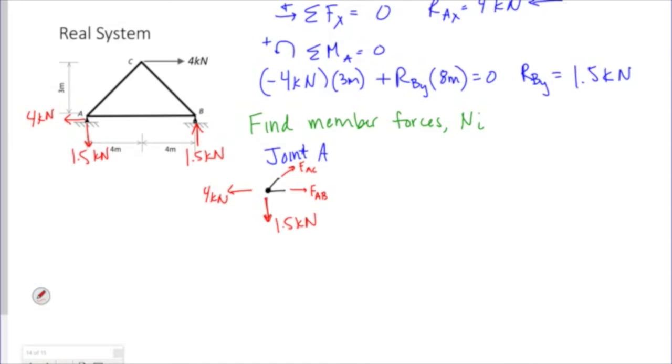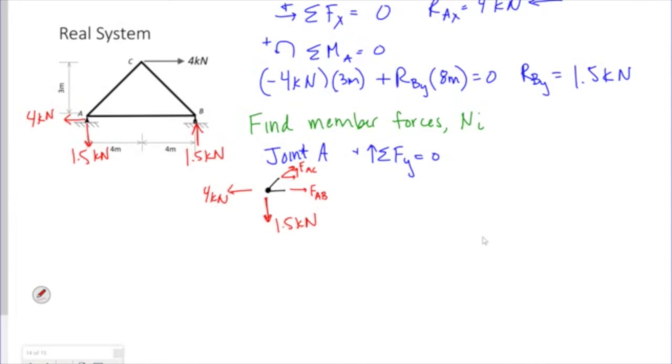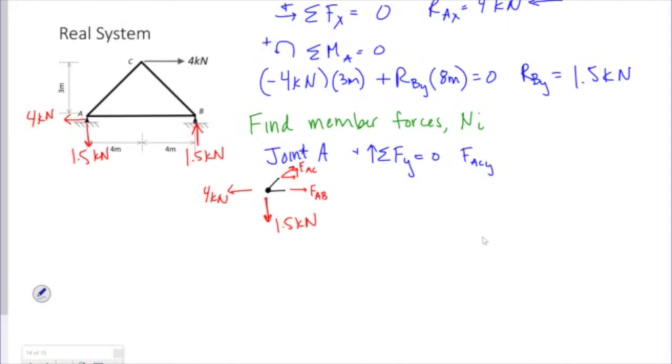If I take the sum of the forces in the y direction, FACY is equal to 1.5 kilonewtons.